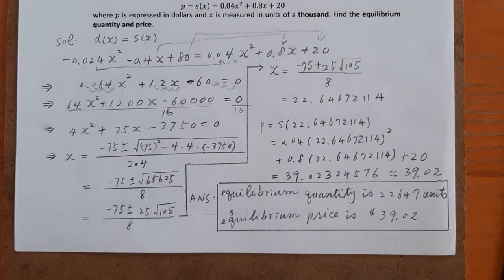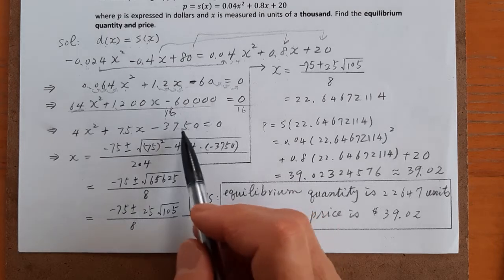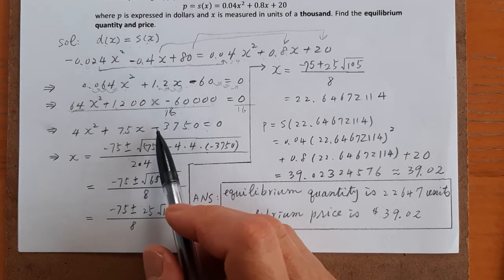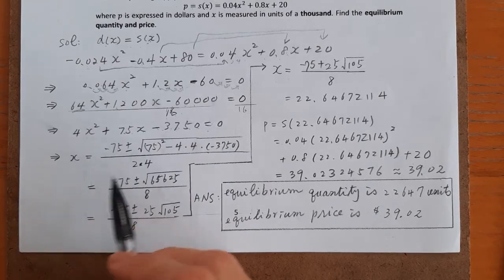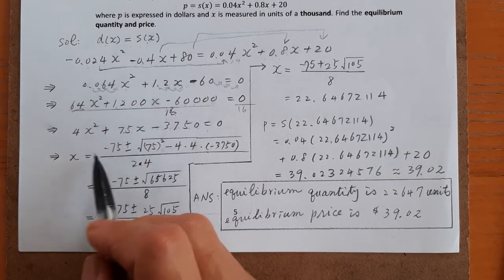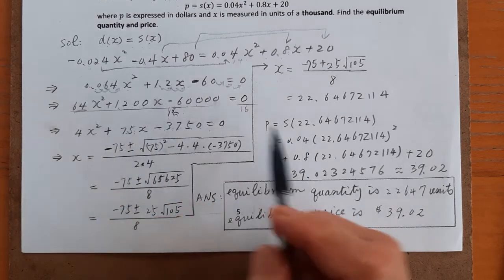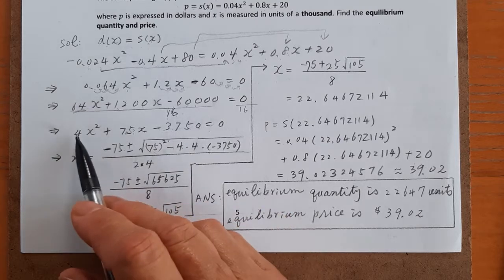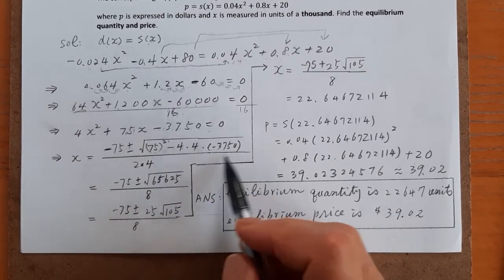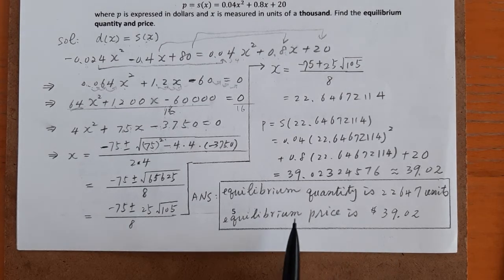Plug it into the quadratic formula: a is 4, b is 75, c is negative 3750, including the negative sign. So x equals negative 75 plus or minus the square root of 75 squared minus 4 times 4 times negative 3750, over 2 times 4.